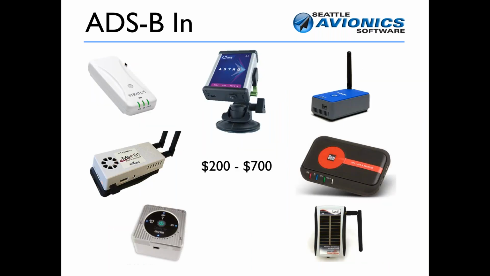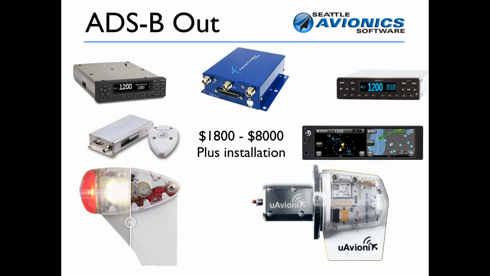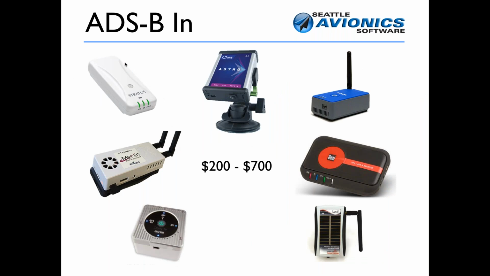So all of these ADSB in boxes will receive weather and traffic from the ground exactly as well as if you were to, on an ADSB out system, install the optional module for receiving ADSB in. So, I mean, it may simplify your panel configuration a little bit, but if you already have, for example, a Stratus 3 or one of these things, you really don't have any particular reason to have ADSB in built into the box that you put into your plane.